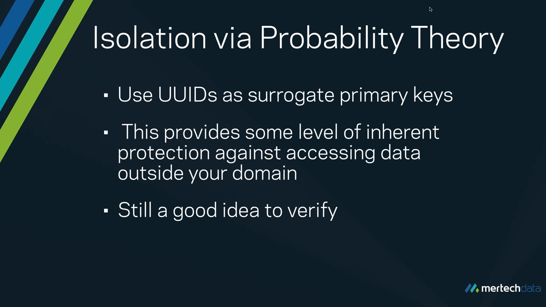So the way this can be used as a protection is that it allows you to pass these IDs down without any risk that someone is going to be able to fiddle with that ID and find something else valid in your system. That doesn't mean that you shouldn't verify that any session is authorized to be touching those records.